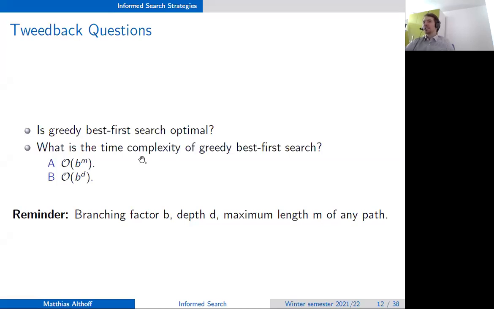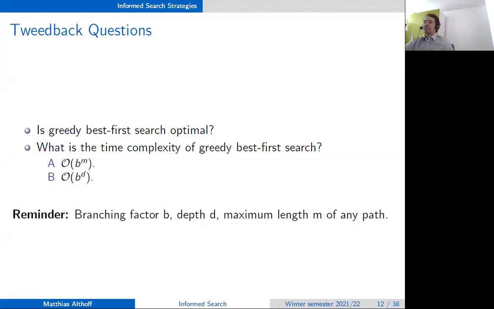And the next question is an A or B question. What is the time complexity of greedy best first search? B to the power of M or B to the power of D? And as a reminder, B was the branching factor, D was the depth of the shallowest node, and the maximum length of the path was M. I'd say it's equally distributed.